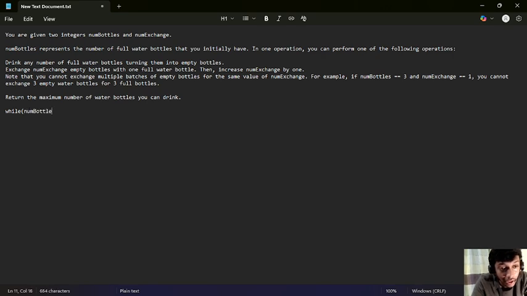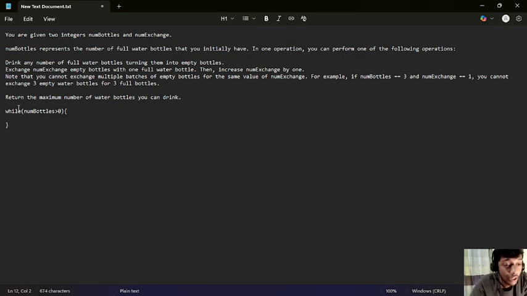Let's first write it and then explain. Num bottles greater than 0. What does this mean? If the number of bottles is equal to 0, then we cannot further perform the operations. So the number of bottles should always be greater than 0.